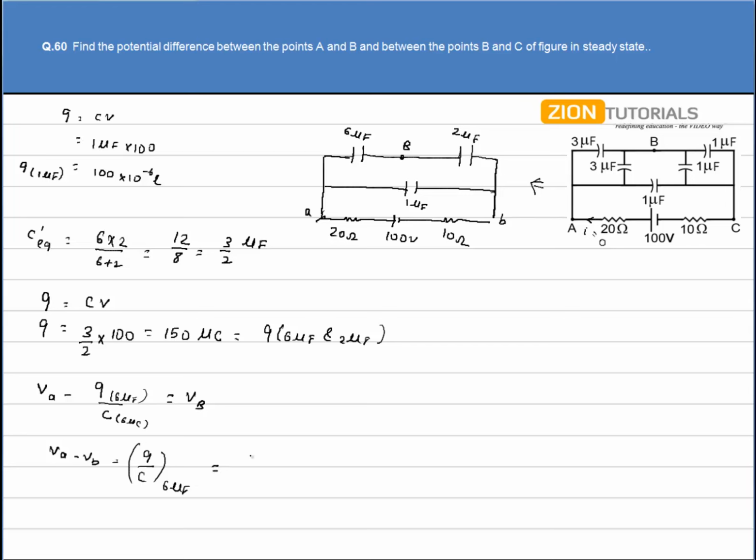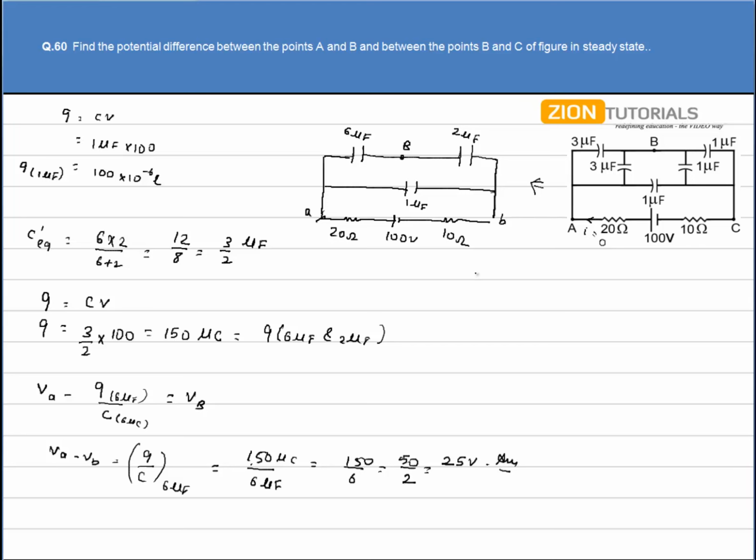On substituting the value, I have Q as 150 microcoulomb and capacitance as 6 microfarad, which gives me 150 by 6, which on solving I have 50 by 2 or 25 volts. That is my answer to the first part.